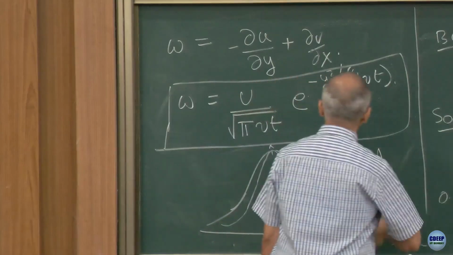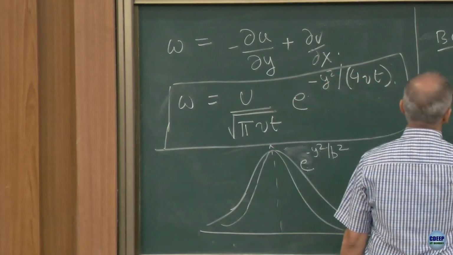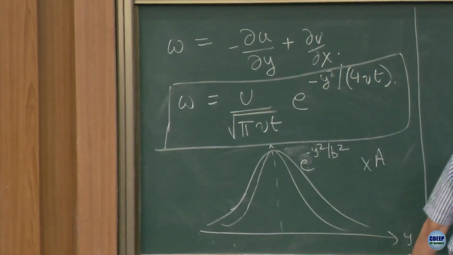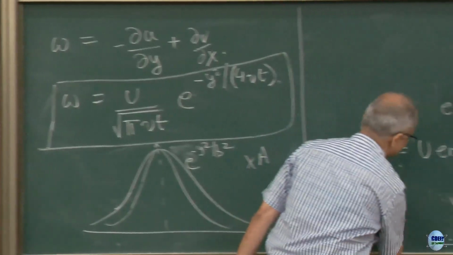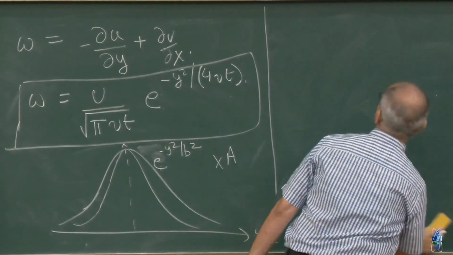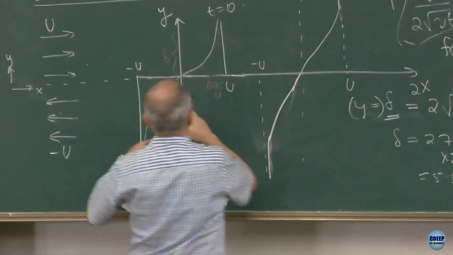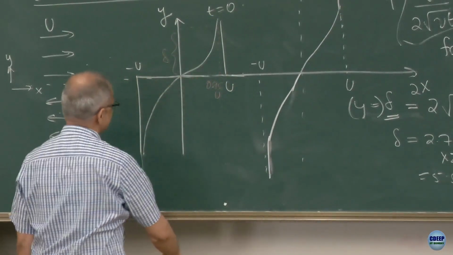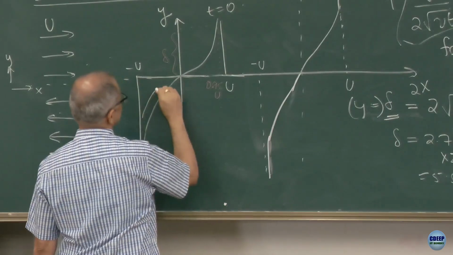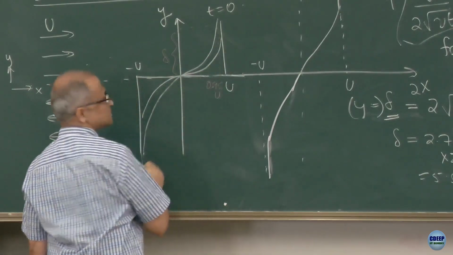So in this case, how does the width of the Gaussian function change with time? As we have said here, you will have this curve at some time. Let us say at an earlier time, t equal to 0, you had this curve.